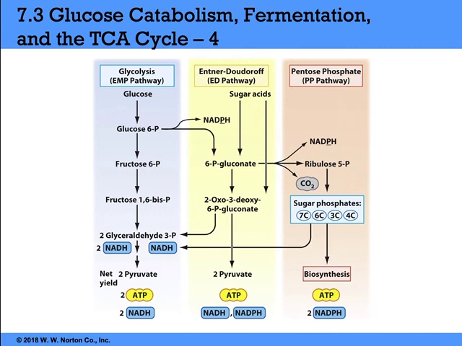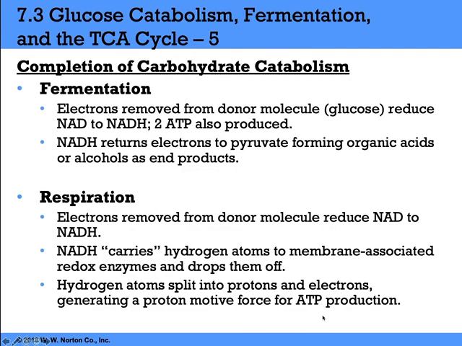And then there's going to be some ATP and NADPH, which is similar to NADH, generated along the way as well. Okay? In fermentation, electrons are removed from the donor molecule and reduce NAD to NADH, producing 2 ATP.